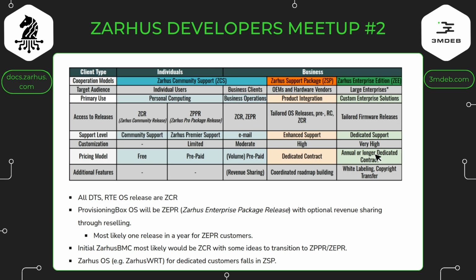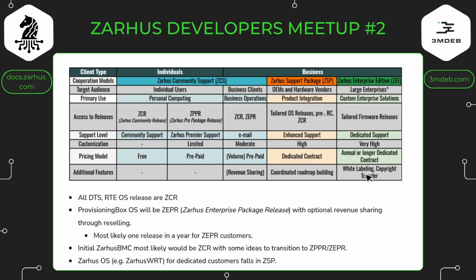The further one, the Zarhus Support Package, is for someone who wants really dedicated support. So there is a dedicated contract, enhanced support, and high customization. In ZSP, we rely mostly on Zarhus components which already exist. We adjust them. And in the case of Zarhus Enterprise Edition, that's essentially like copyright transfer, white labeling, all the very high-end support from the 3mdeb team.